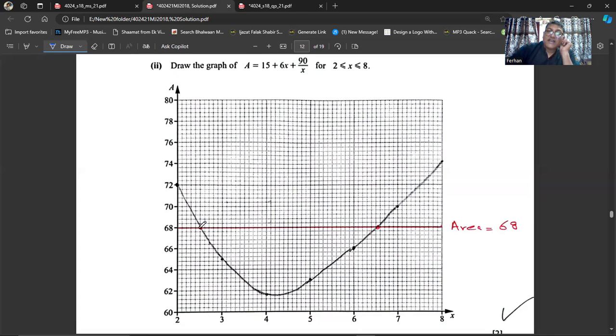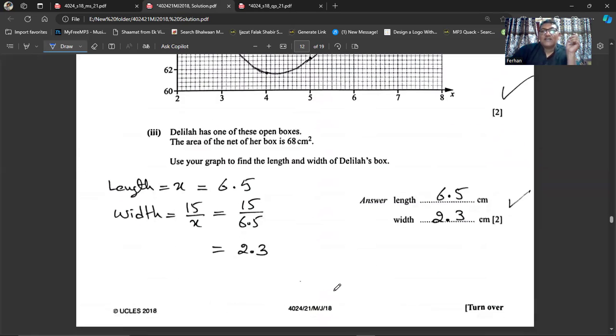So it cuts my main graph here and here. Here the value of x is 2.5. Here the value of x is 6.5, I think. So the length is 6.5. There are two values actually.